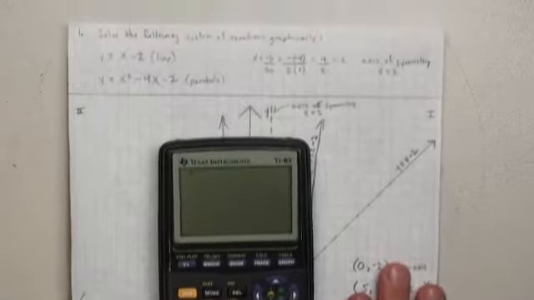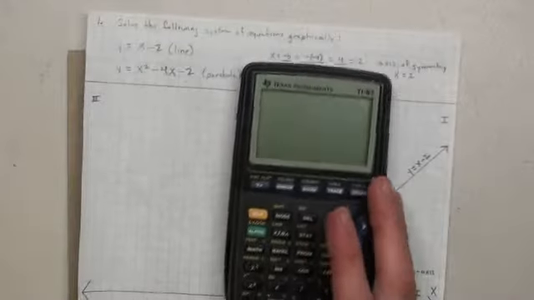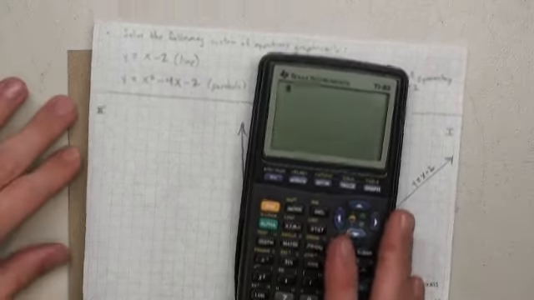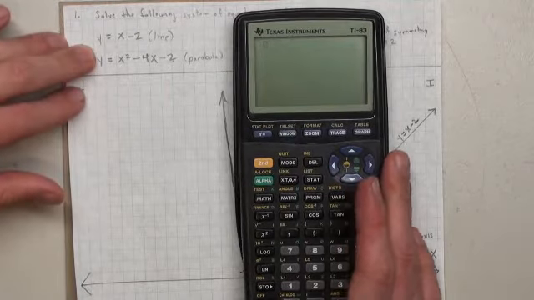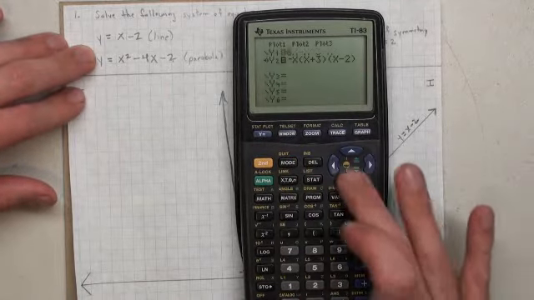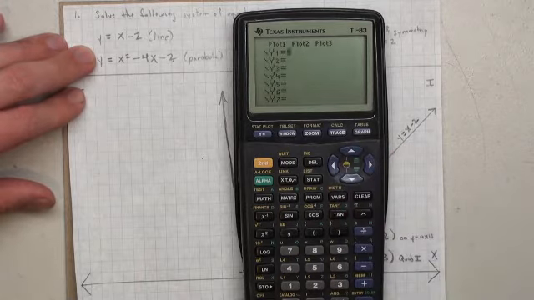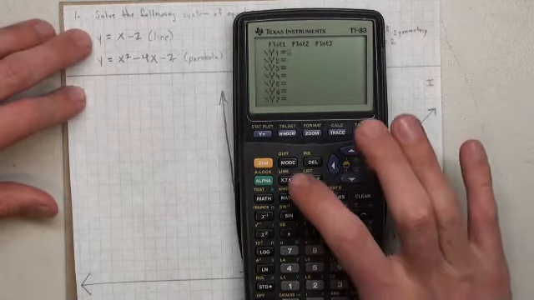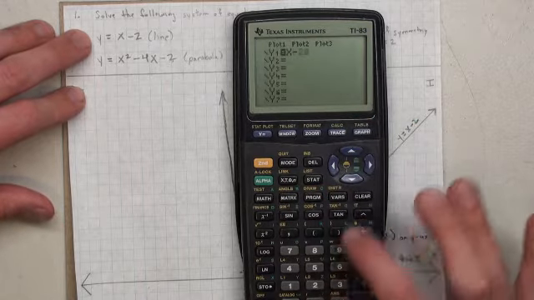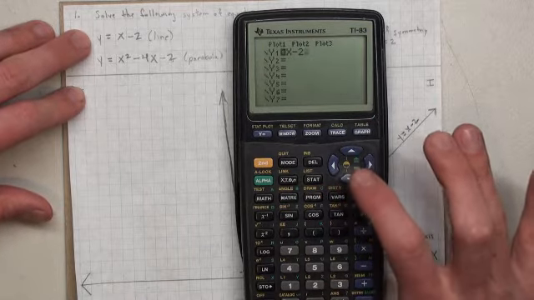They're already in standard form, right? We didn't have to rearrange the equations at all. So I'm going to do y equals, I'm going to clear everything out of there. First I'm going to put the first equation, x minus 2. And I'm going to hit down arrow.